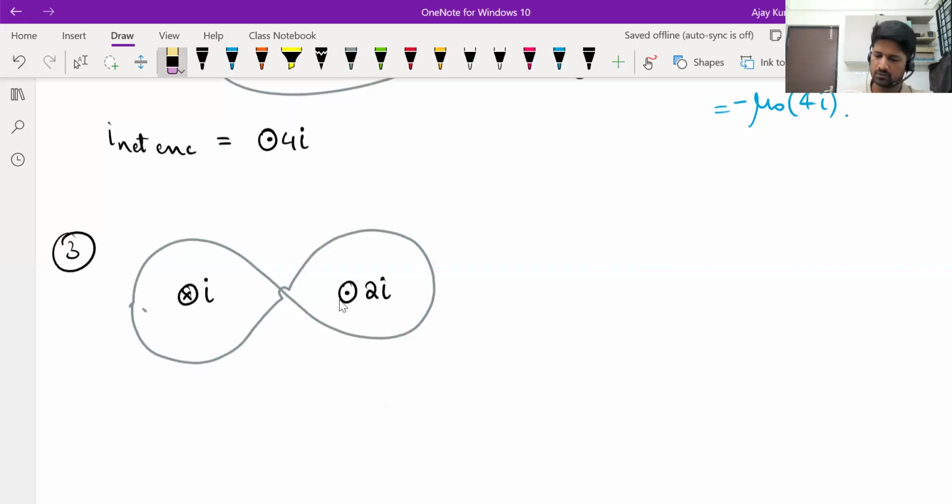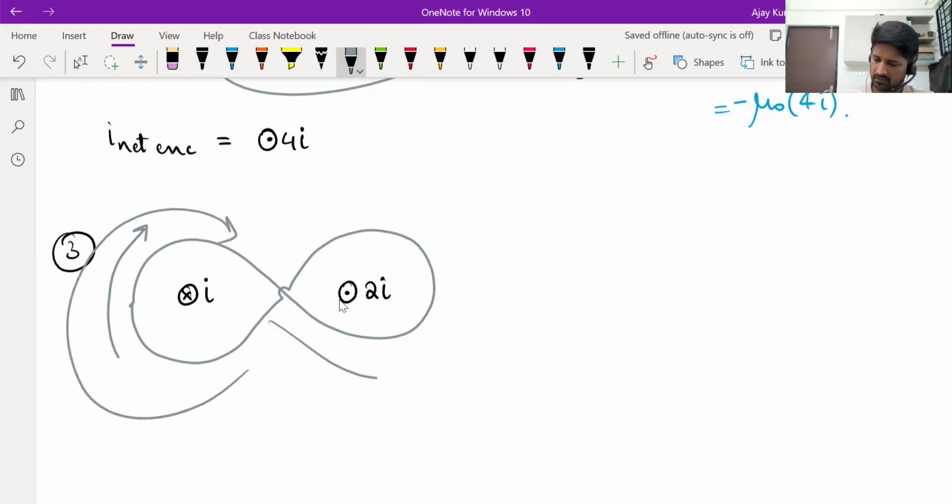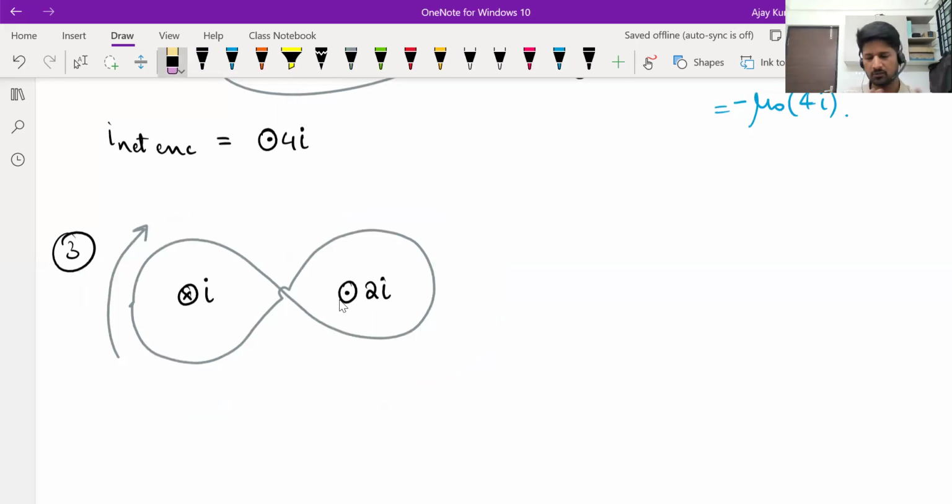So consider this closed path and let's say you have to move this way. Now I can't call this clockwise or anti-clockwise because here it looks like clockwise, but then here it becomes anti-clockwise. So we cannot give the name clockwise or anti-clockwise to the way we are moving. But you know how we are moving.